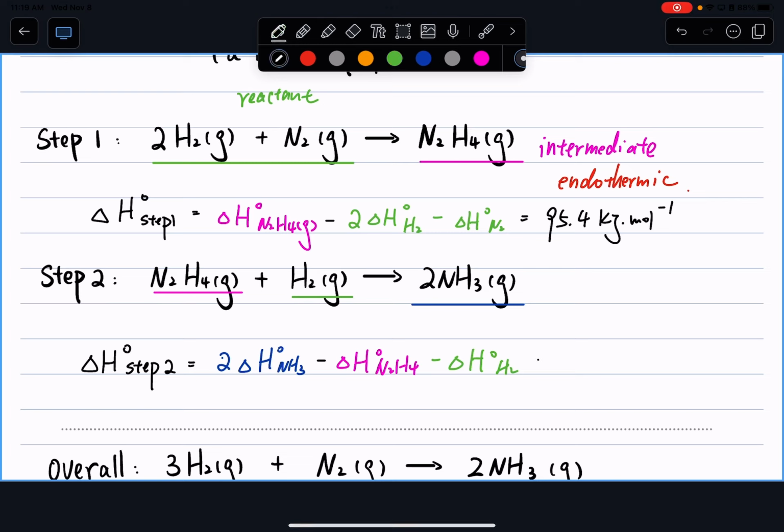You can plug in the data and get the number to be negative 187.6 kilojoule per mole. Now your delta H is a negative number, so that tells you we have an exothermic reaction.